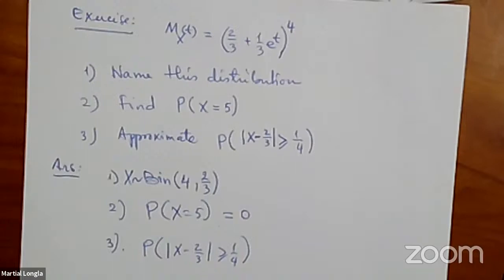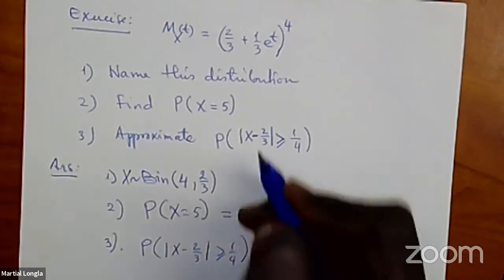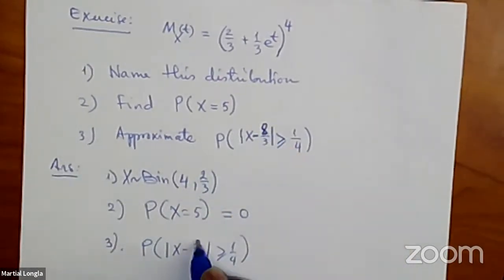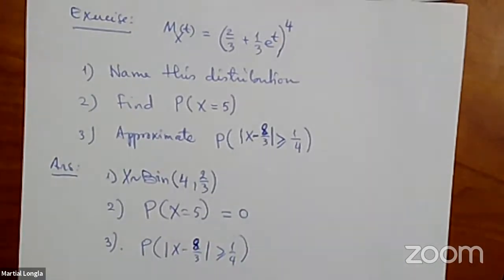So, how do we approximate this? Make it easier.